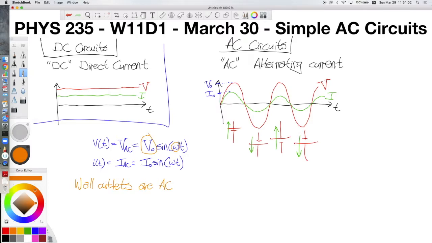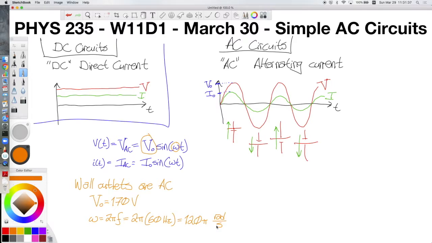So for wall outlets in the US, V naught is 170 volts, and omega is, well, you may have heard that wall outlets in the United States are 60 hertz, but this is a regular frequency, not an angular frequency. So if we take 2 pi times the 60 hertz frequency, we get 120 pi radians per second is the omega value, or the angular frequency for power outlets in the United States.